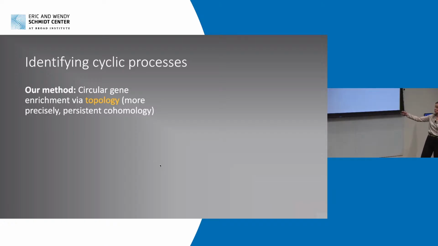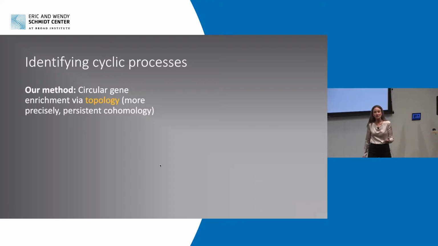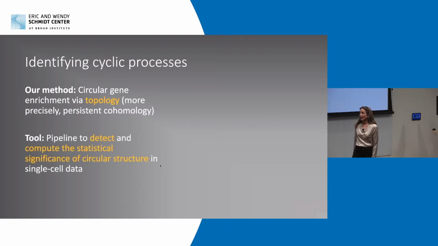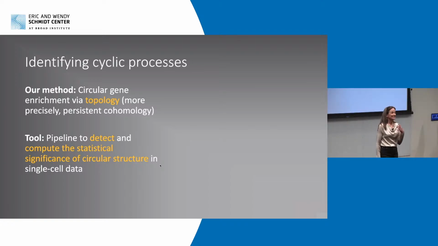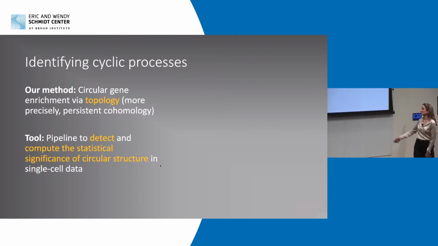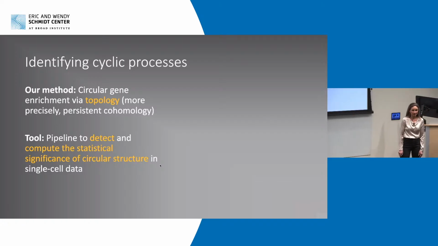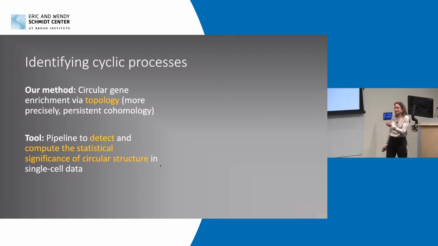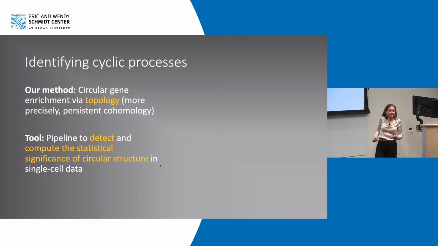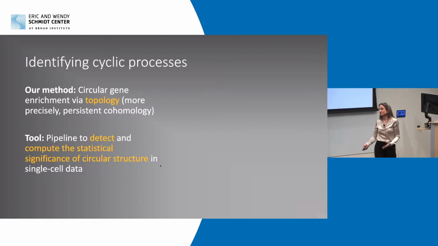We're going to use tools from topology, specifically something called persistent cohomology, which is a tool from topological data analysis. We can develop a pipeline to detect and compute the statistical significance of circular structure in such single cell data. So we not just detect it, but say, okay, is what we're detecting really significant, and how can we justify it?